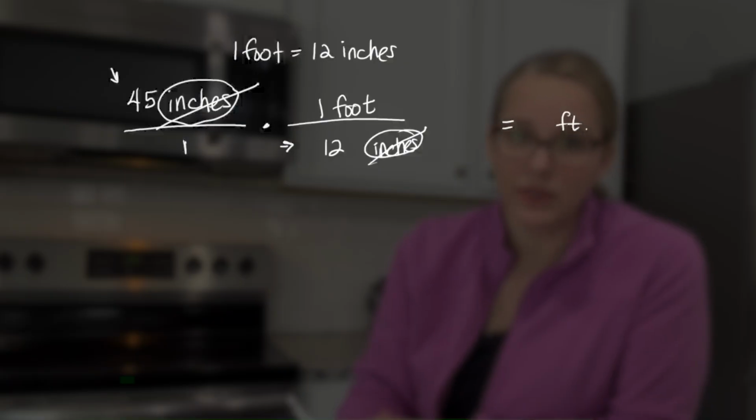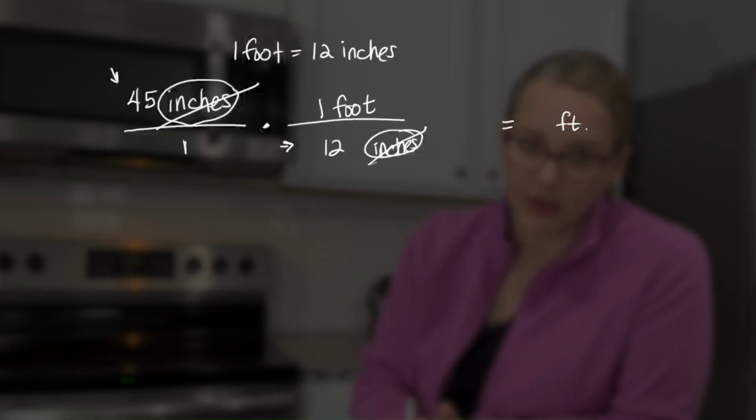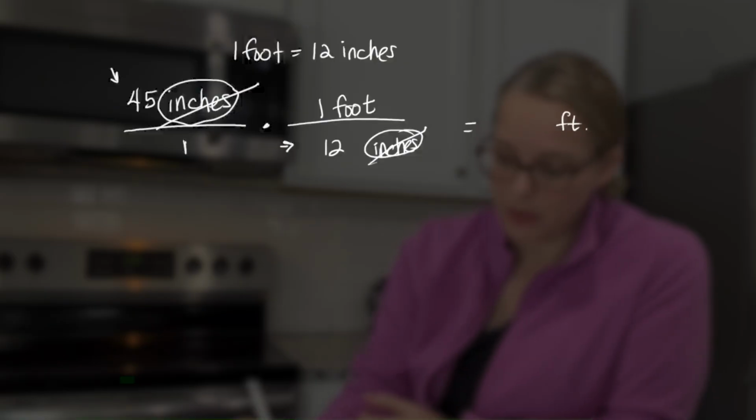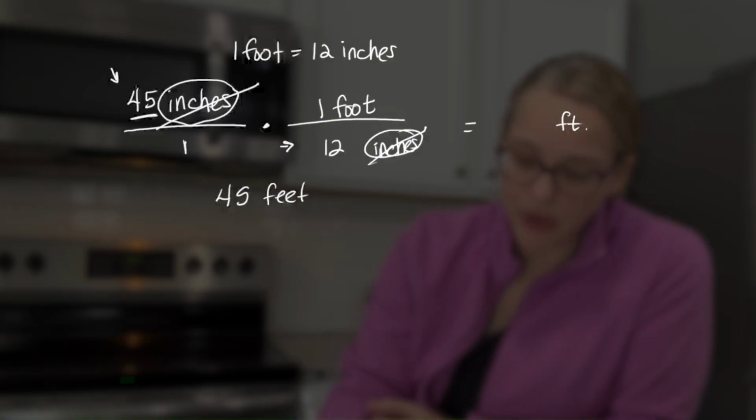And that's what we want, right? We're trying to figure out how many feet there are in 45 inches. If I go ahead and multiply, I will have 45 feet, because I have 45 from here, and I have 1 foot times 45 is 45 feet. And then here I'm going to multiply 1 times 12, and I get 12.